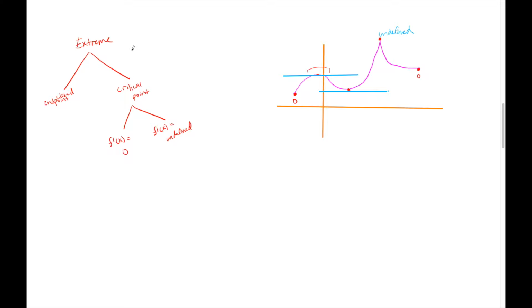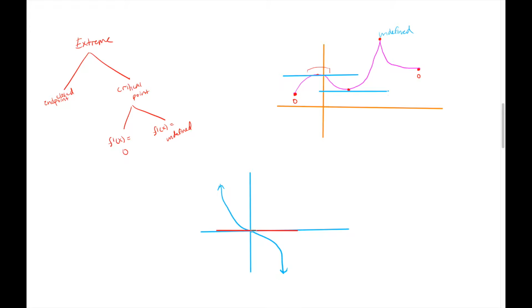Now, important note: all extreme values, if they're not a closed endpoint, must be a critical point. But not all critical points will necessarily be extreme values. For example, if I had a graph where my function looked like this, as poorly drawn and rushed, and I look at this point, the tangent, the derivative at this point, you'd find would be 0.